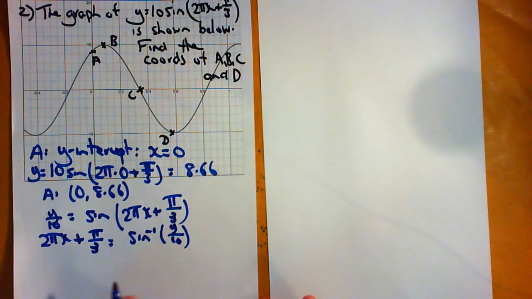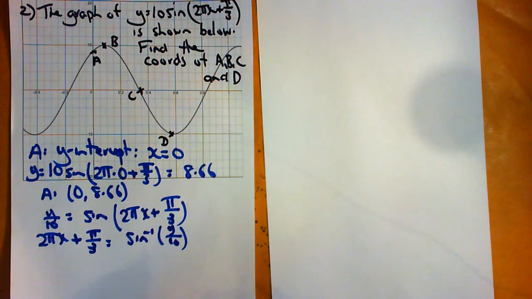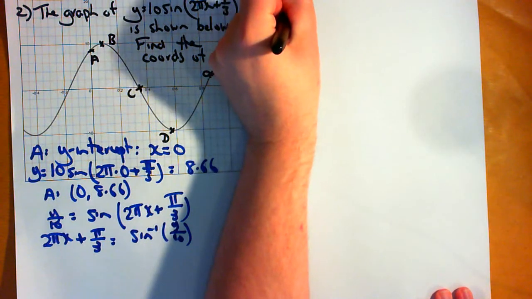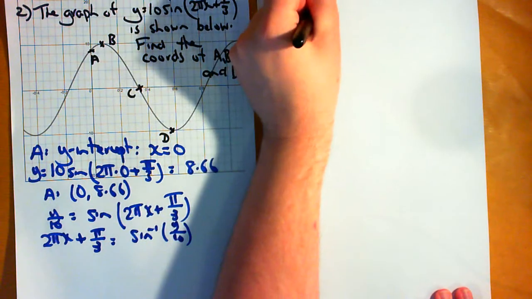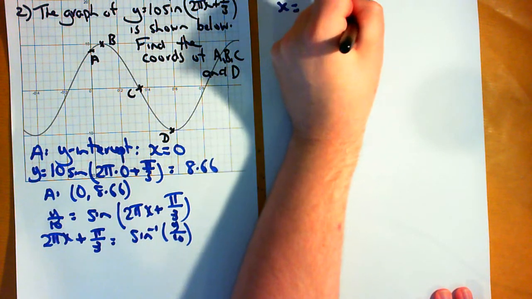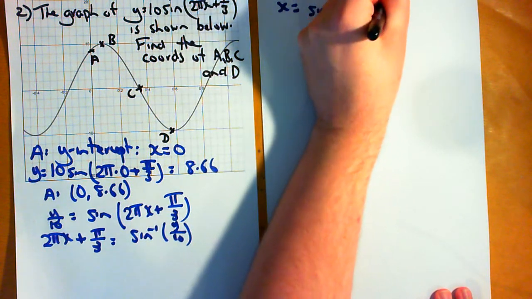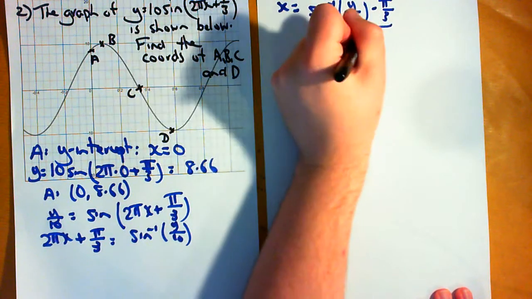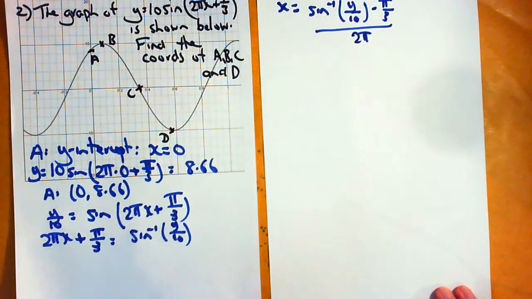To complete the rearrangement, we subtract π/3 from both sides and divide by 2π. So x equals (sine inverse of y over 10, minus π/3), divided by 2π. That's our complete rearrangement that we will need for points B, C and D.